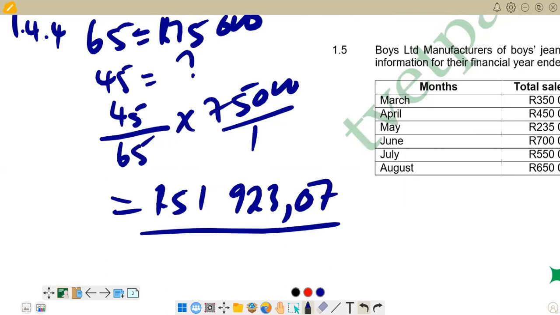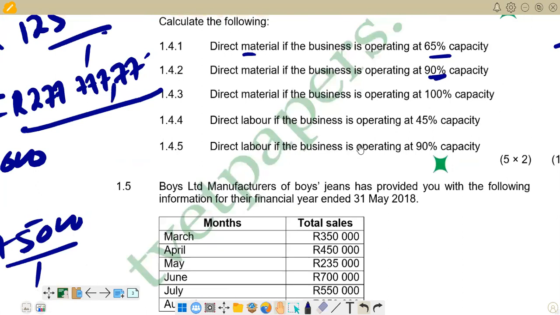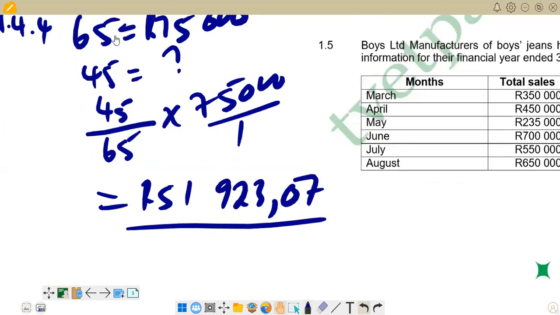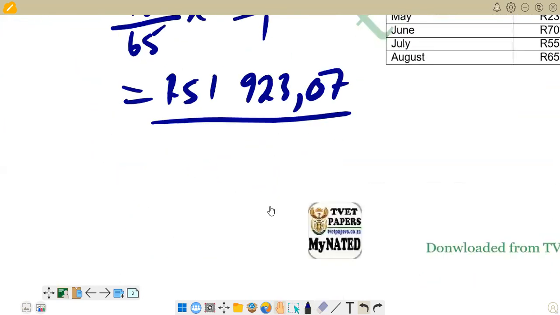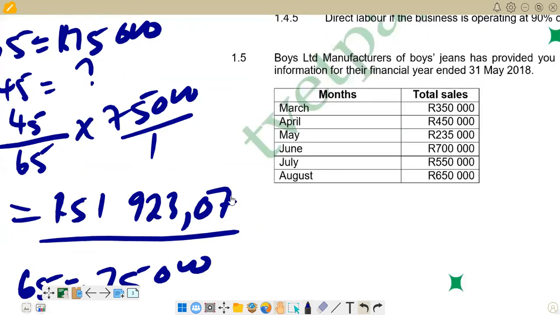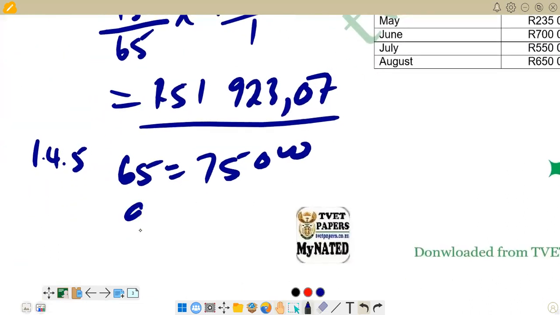So we go to the next one, that's 1.4.5. It reads direct labor if the business is operating at 80%. So we know that now we need 90%. Remember, we know that 65 is equal to 75,000. For 1.4.5, the one being asked is our 90%, which is the one we don't have.